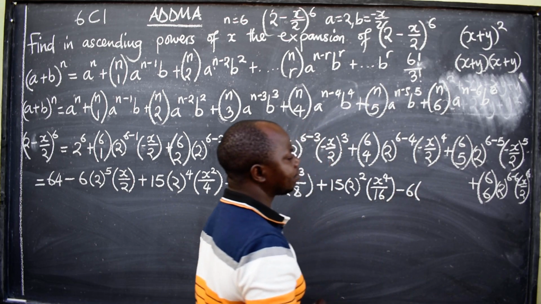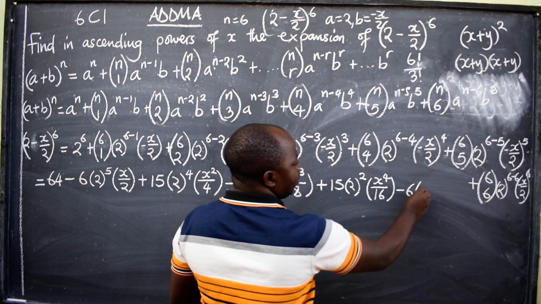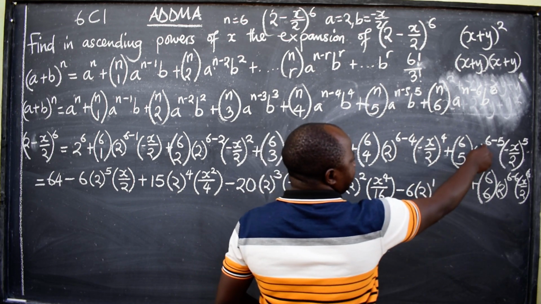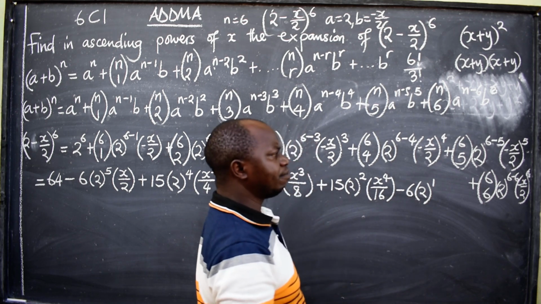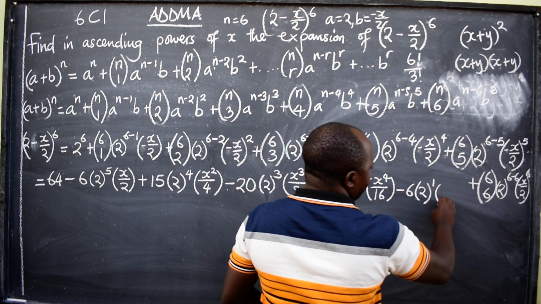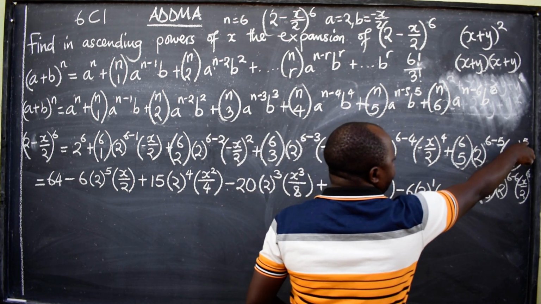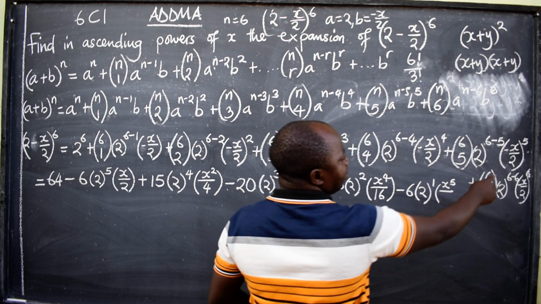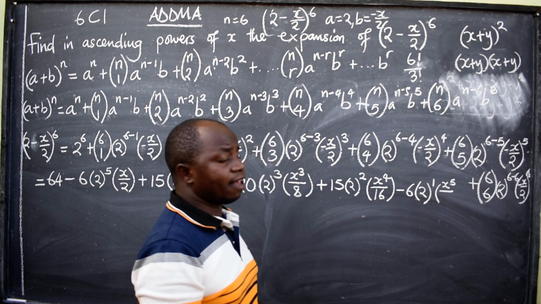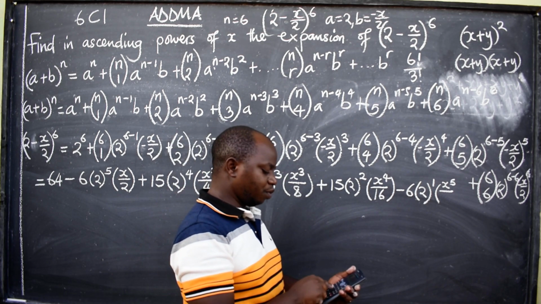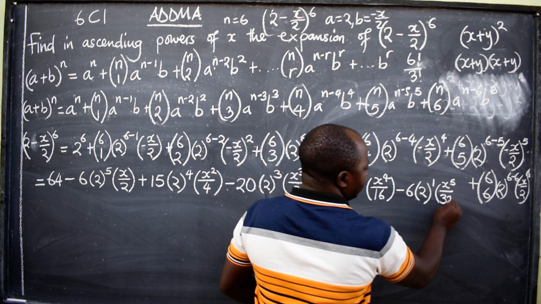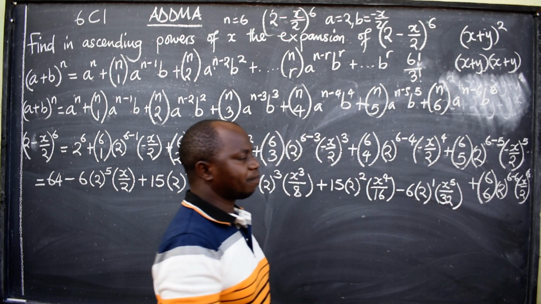Then this, I have a 2 to the power 1. 6 minus that is 1. Then on the other side here, x to the power 5 over 2 to the power 5. What will be the answer? 2 raised to the power 5, it will give me 32. So I've got 32 here. Are we together?